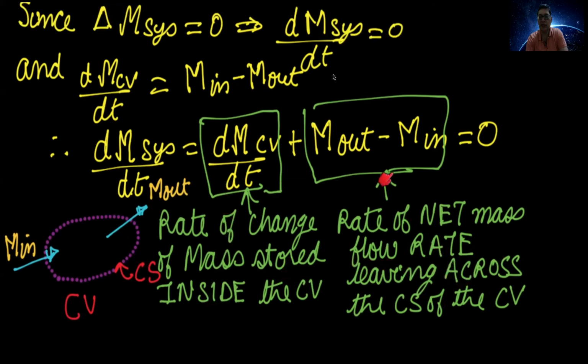For this term, note the word across the surface of the control volume. Also note that in the first term the variable is mass, and here you have a mass flow rate.